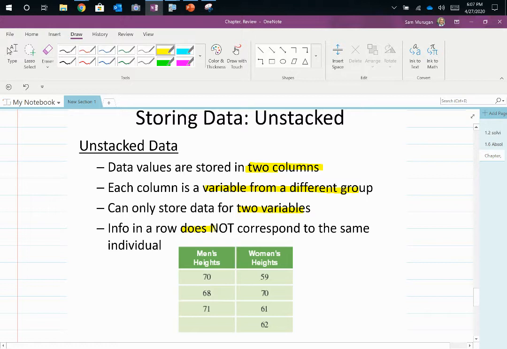The information does not correspond to the same individual. Okay, and that's pretty obvious because you can't have a man's height and a woman's height being the same. It's not going to be the same person. So here is simply a list of the heights of men and a list of the heights of women.